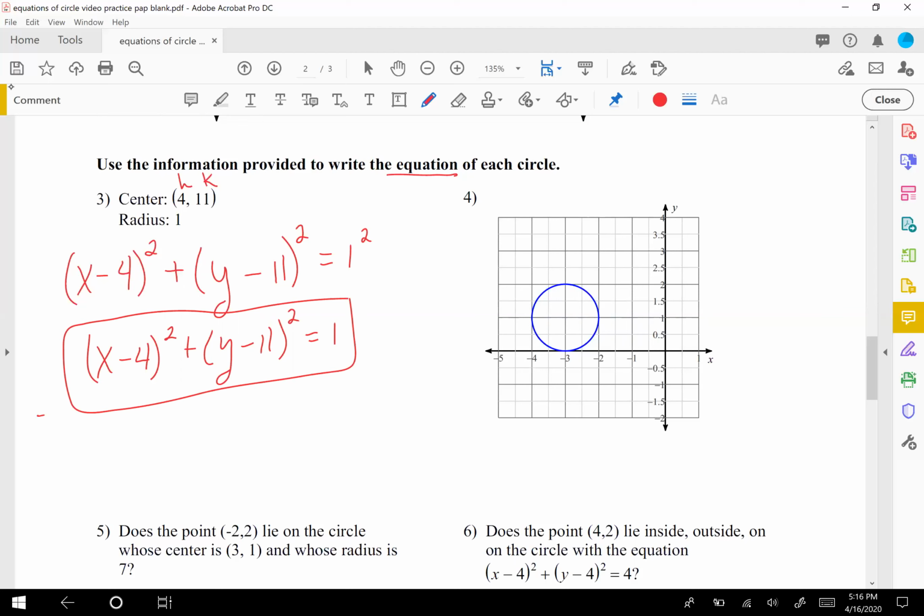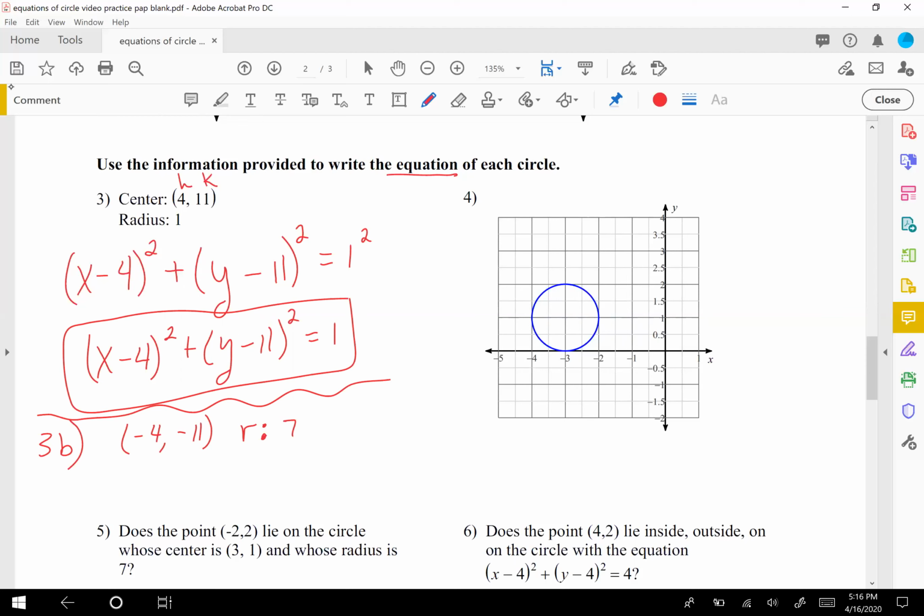Okay, and then I'm actually going to do one other little problem right now. I'm going to call it 3b. Let's say that our center is going to be at (-4, -11), and then our radius would be like 7.